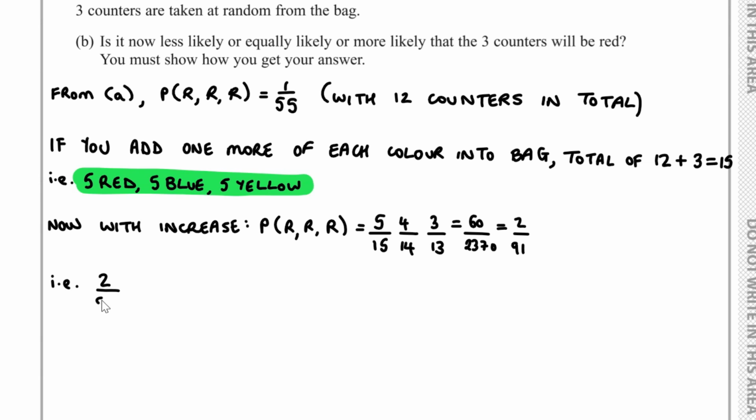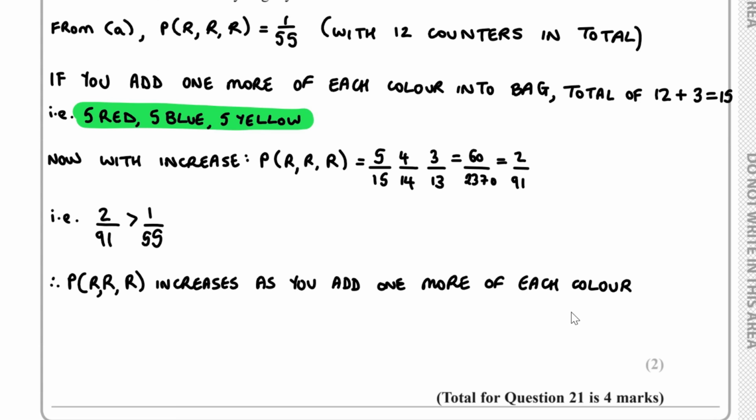So the 2 over 91 is greater than the 1 over 55. You can find the decimal equivalents as I've just shown. So the probability of choosing 3 reds increases as you add one more of each colour, and therefore we are more likely.